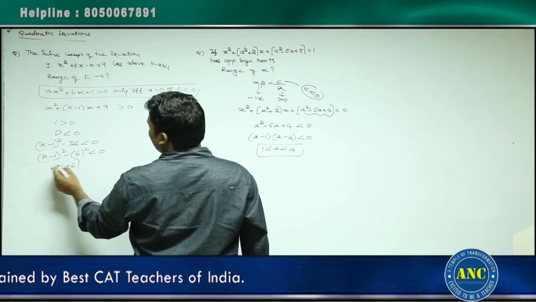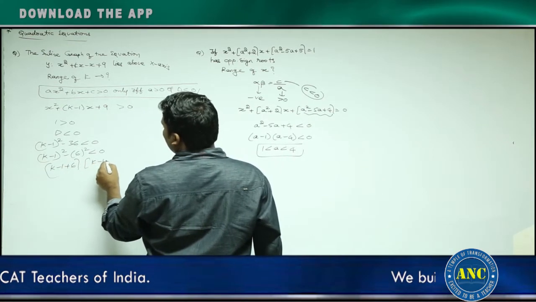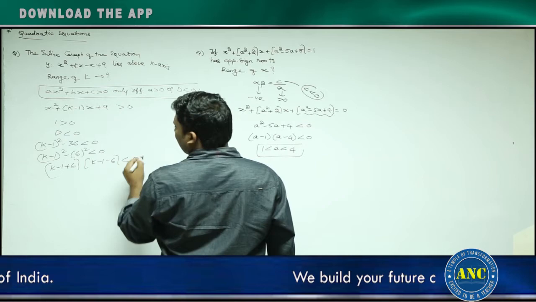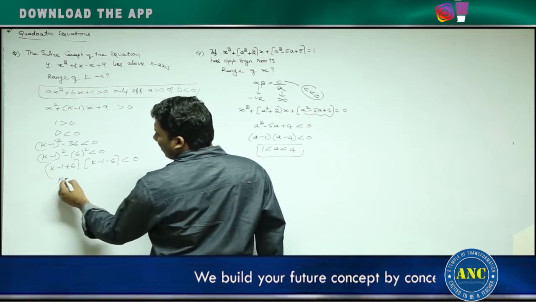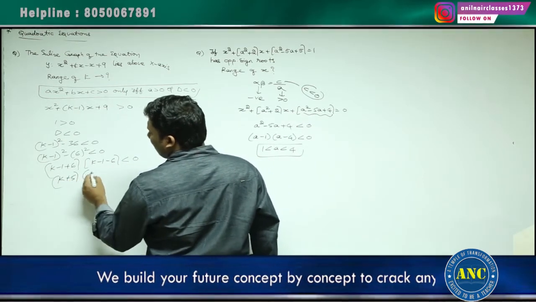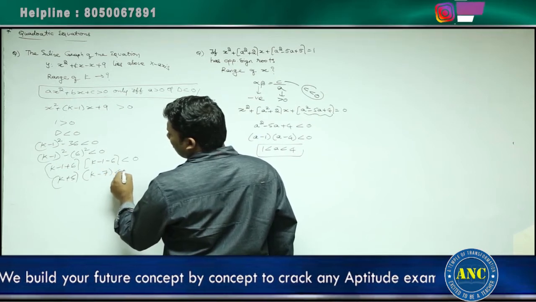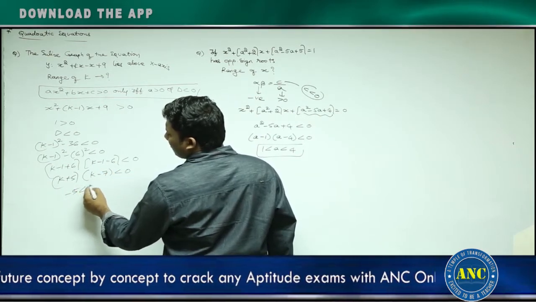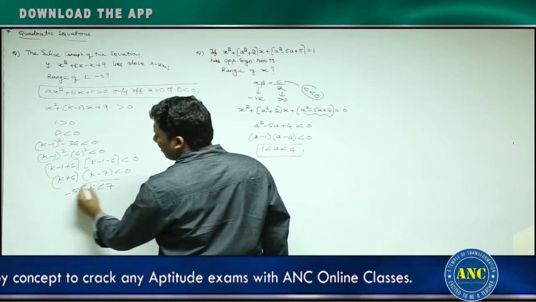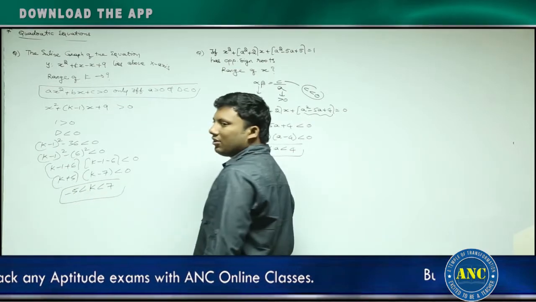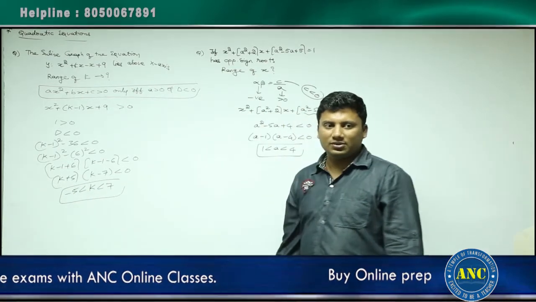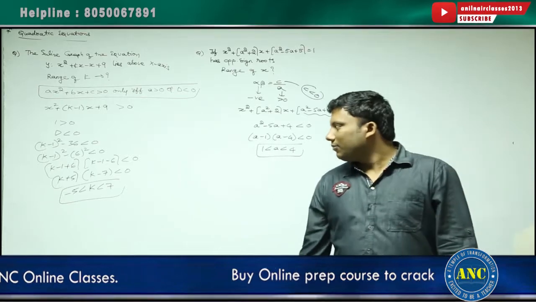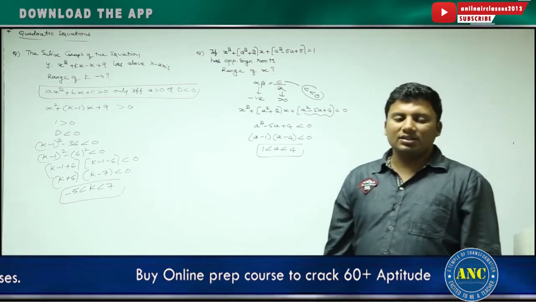(A plus b) into (a minus b) less than 0. (K plus 5) into (k minus 7) less than 0. So answer will be minus 5 less than k less than 7. I hope clear understanding of graphs you got from all these problems. Minus 5 less than k less than 7.